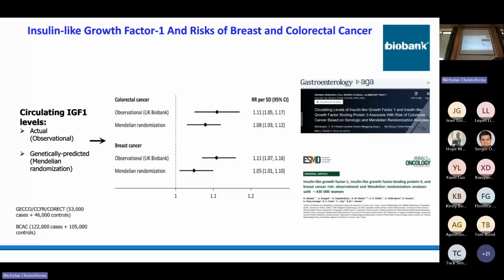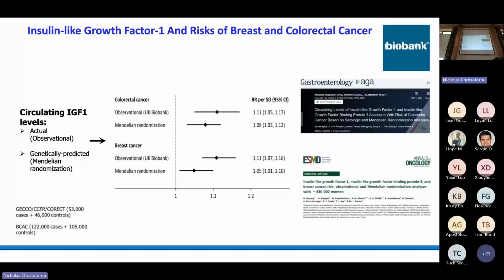So we looked at circulating IGF-1 in UK Biobank in relation to colorectal and breast cancer. And we also used a genetic instrument for IGF-1, which explains around 16% of circulating variation in levels, and applied that within GECKO and BCAC.